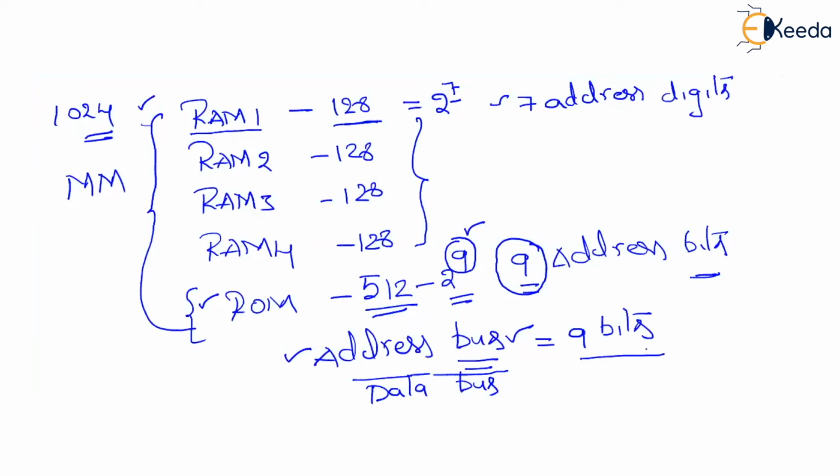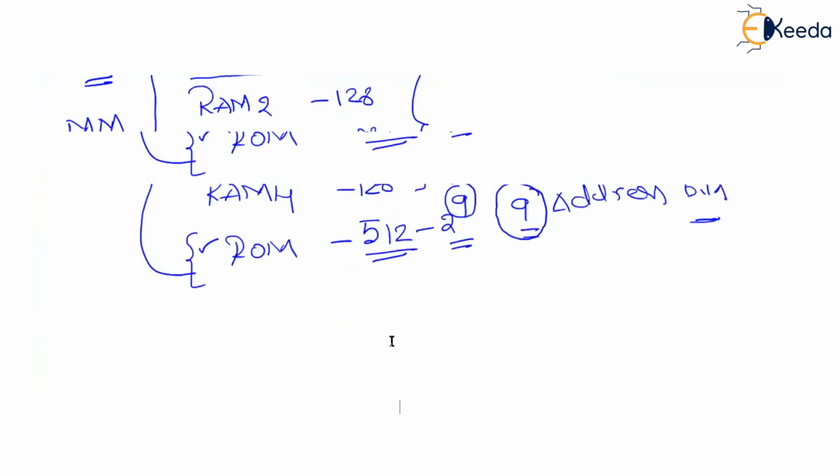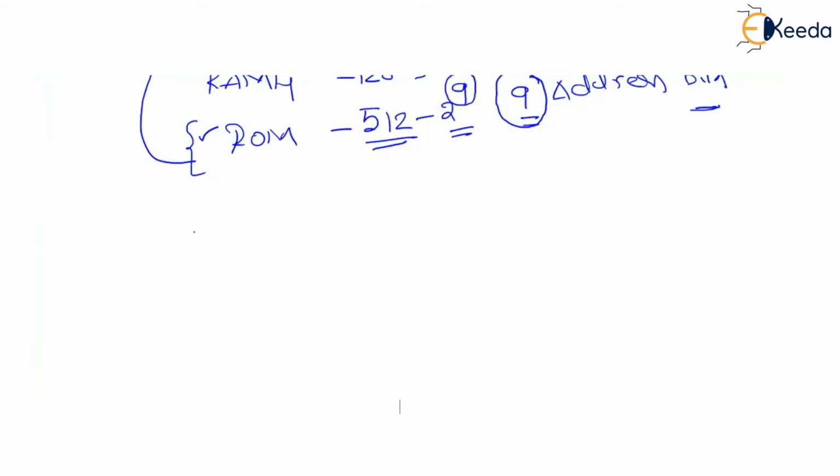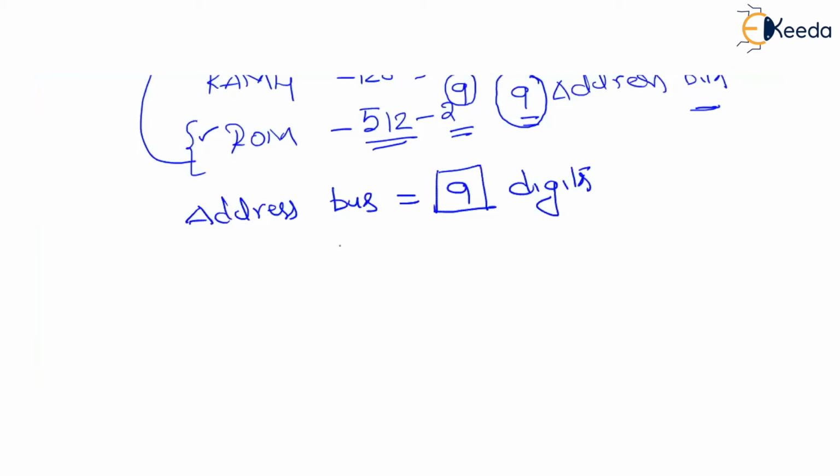Now, let us put it this way. I'm going to give you some important details to design my address bus. Stay focused here. Address bus size should be equal to 9 digits. The problem is, we can't take 9 digits. The address should be either 8 bits or 16 digits or 24 digits and so on.